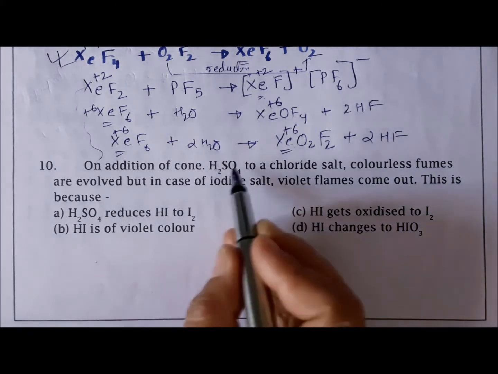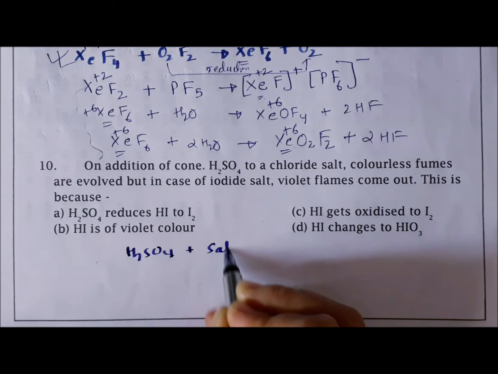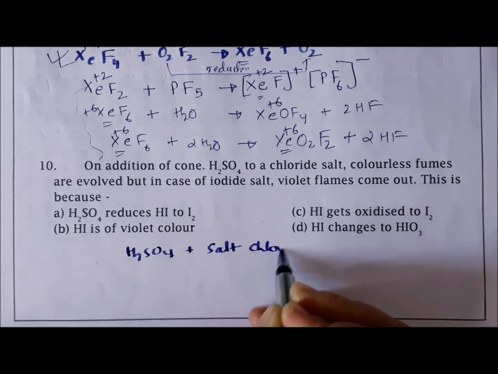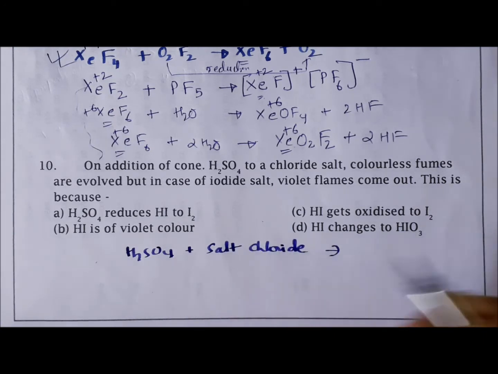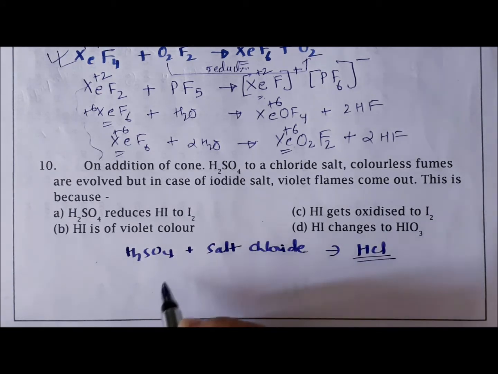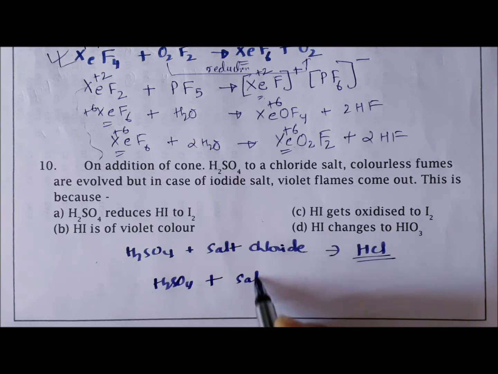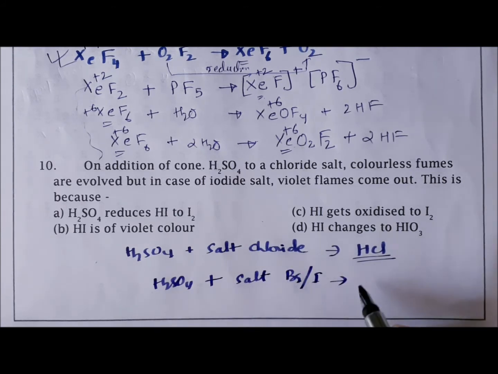Now, when concentrated H2SO4 is treated with a chloride salt, we will get a colorless gas, and that is because of the formation of HCl. Whenever sulfuric acid reacts with a salt of bromide or iodide, a salt of Br or I, it releases either HBr or HI.